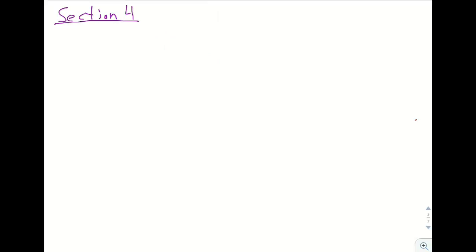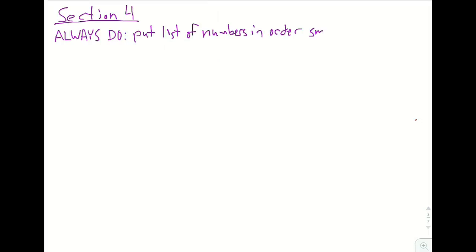Now, whenever we're dealing with lists of numbers and we're going to start doing the 5-number summary, the first thing you always need to do is put the list of numbers in order, going from smallest to the biggest.